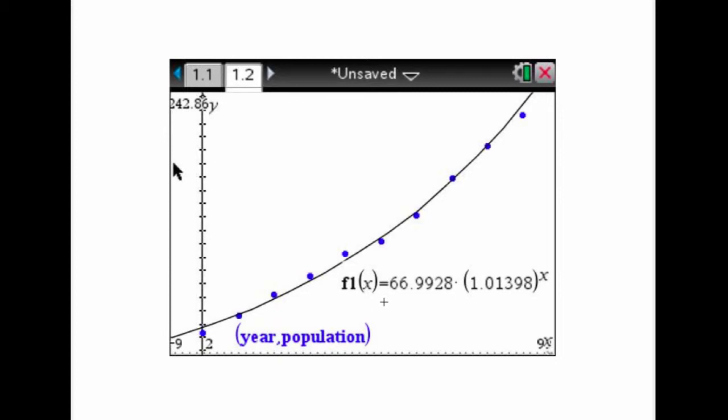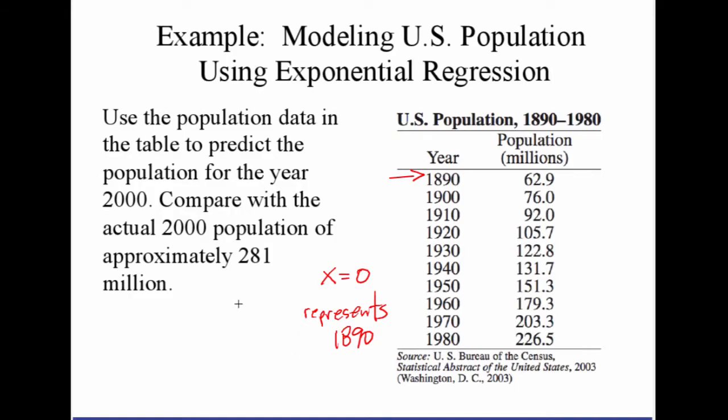You can see here that this is our regression equation, and so we can use that equation to calculate what we were asked to calculate. And if we go back here, we were asked to calculate the population in the year 2000. So what x value would represent the year 2000?